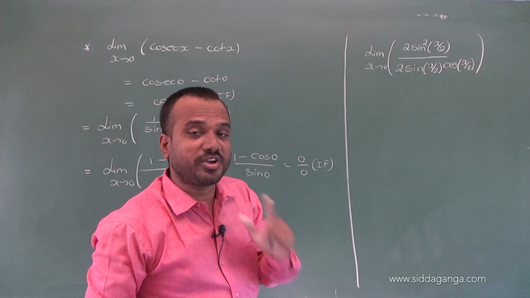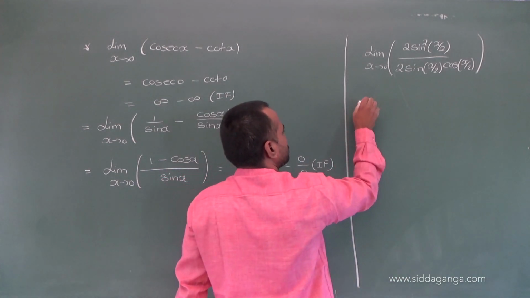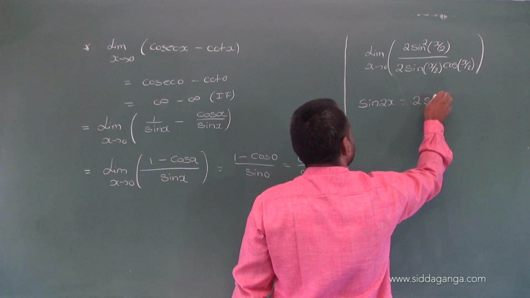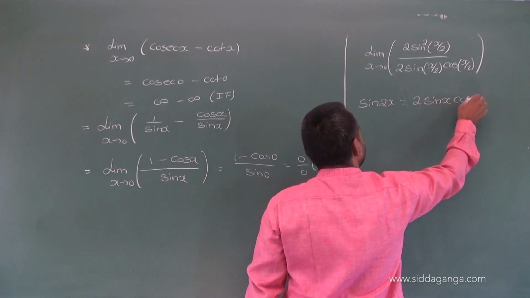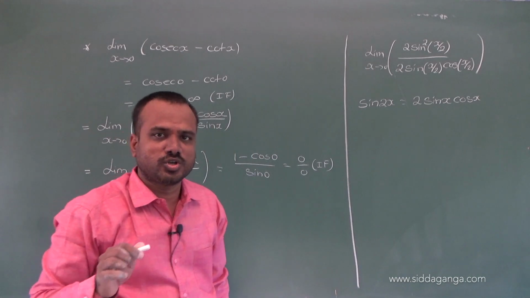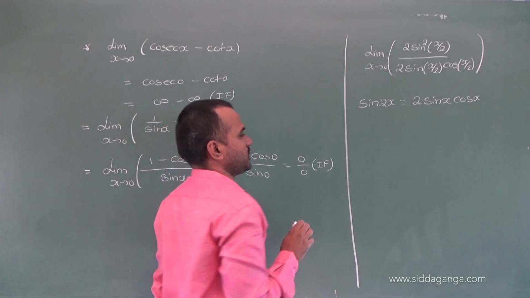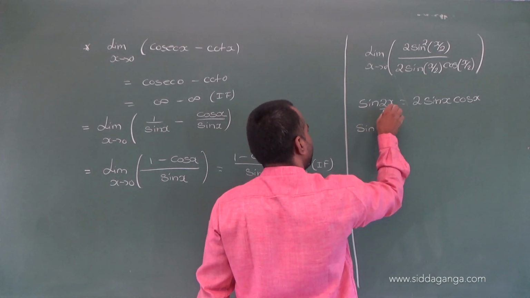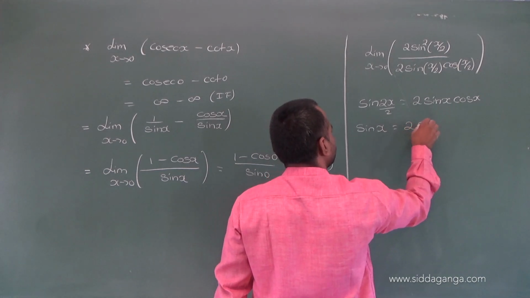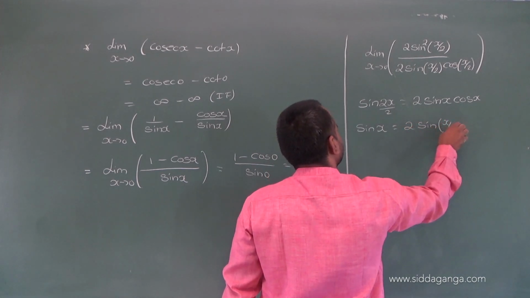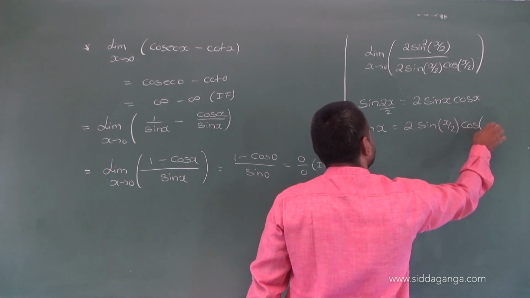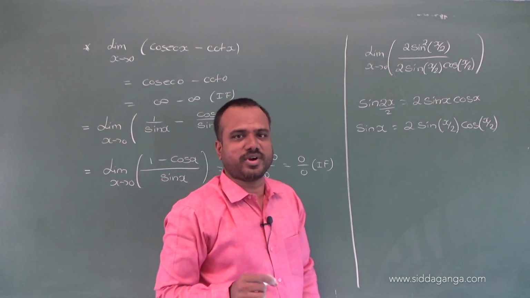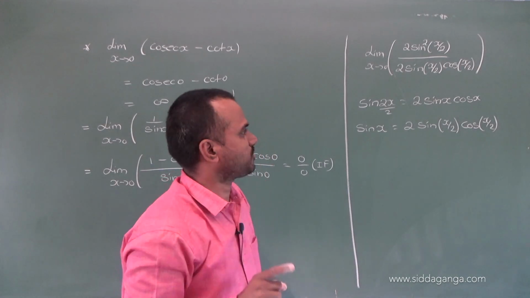How is it, sir? You know, in trigonometry, sin 2x is nothing but 2 sin x into cos x. So sin x, I divided by 2 here: 2 sin x by 2 into cos x by 2.